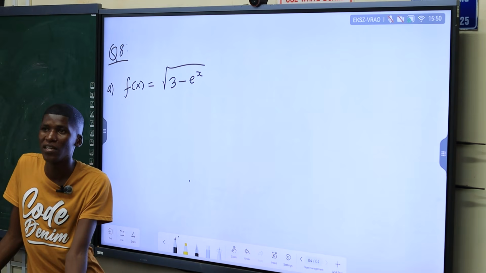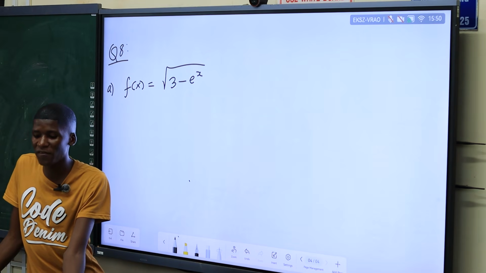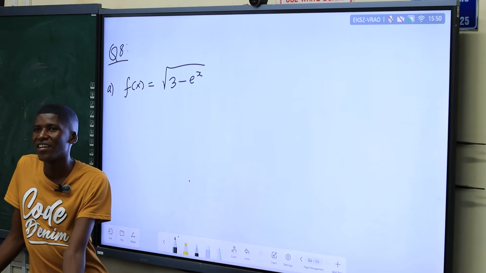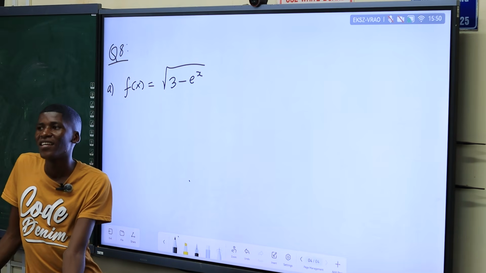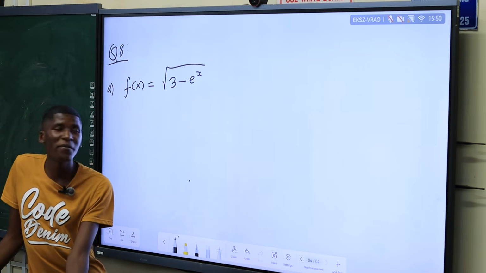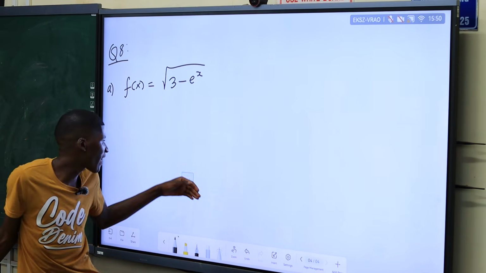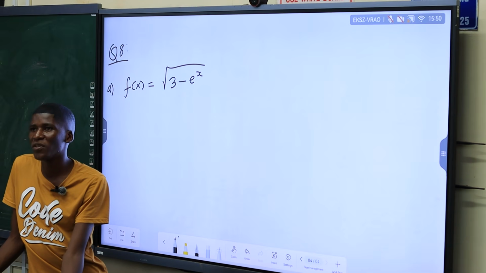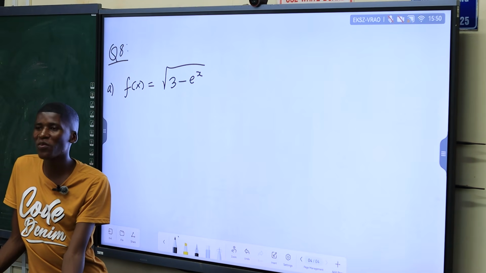Domain is what? What is the actual domain? What type of function is this? Start there. It's a root function, specifically a square root function.